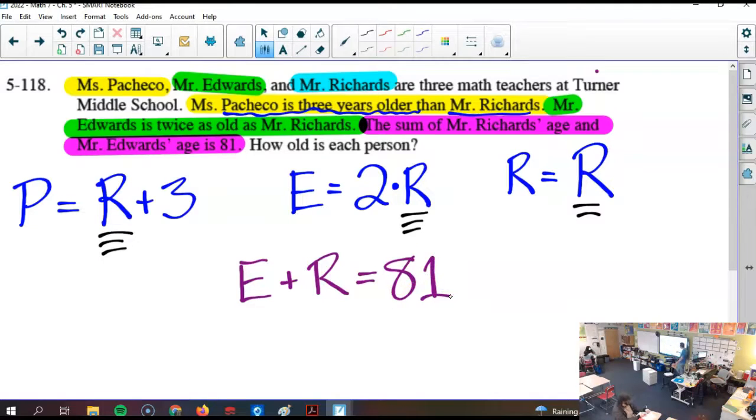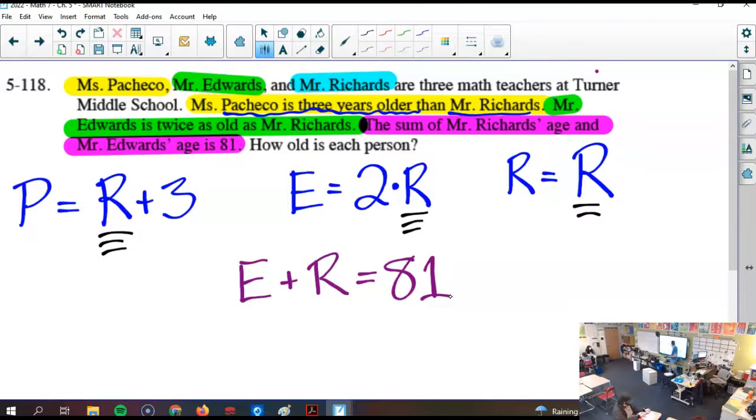And could I replace either of those with something else? Vanessa, flip your card over. You want to help me out with what I could replace? If I go to replace R, I can only replace it with R, really, based off what I have up here. Could I replace E with something else?